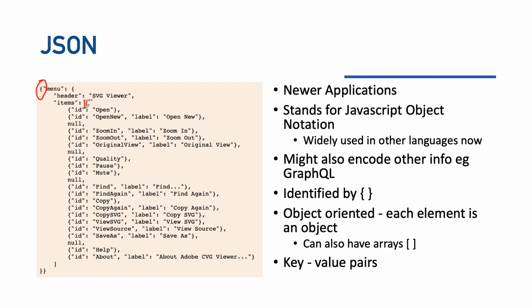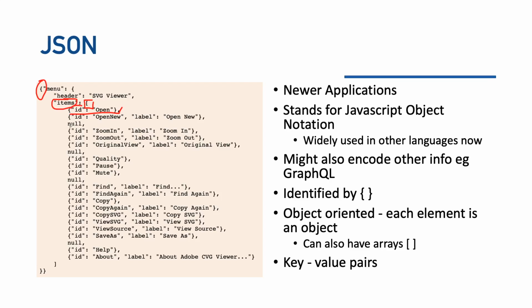If we look here, we have items. Items is an object. If you're familiar with programming, you can consider that like a pointer, while this is the value within the pointer. So we have items, which is an array, and then each one of these has elements as well.